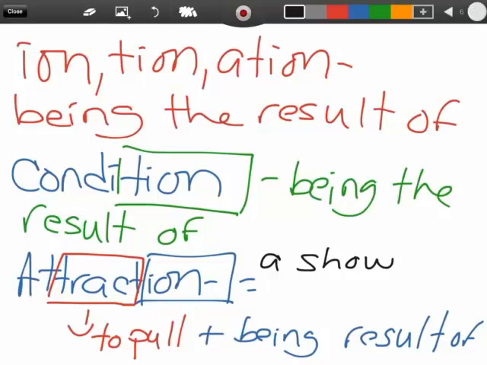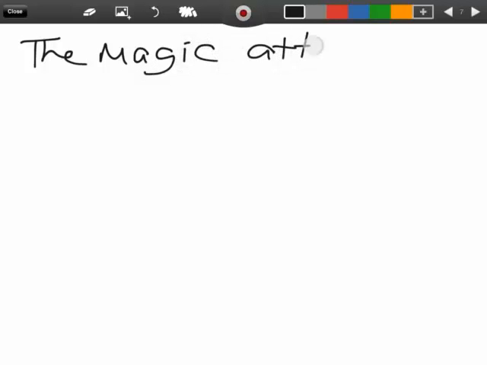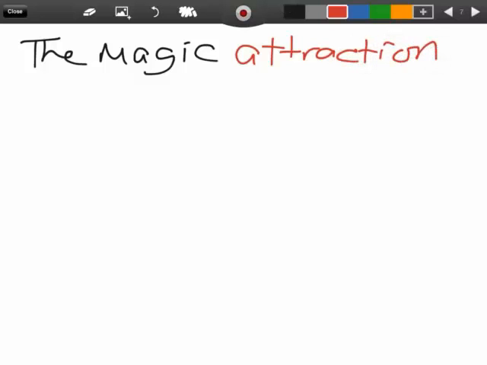I'm going to use attraction in a sentence so you could understand it much more clearly. I'm going to write this in red. Magic attraction was truly amazing.